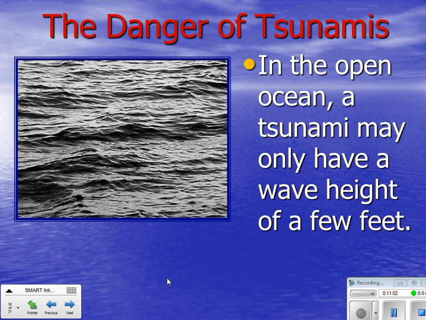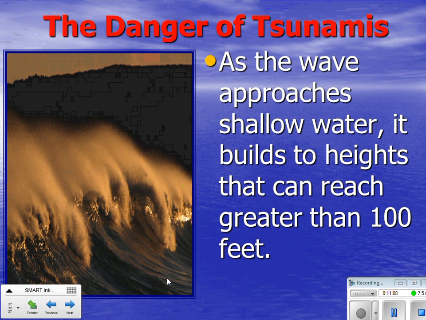And then some of the dangers. In the open ocean, a tsunami may only have a wave height of a few feet. But then as the wave approaches the shallow water, it builds to heights that can reach greater than 100 feet. And maybe you've gone to see the movie The Impossible, about the tsunami that happened in Southeast Asia in 2004.